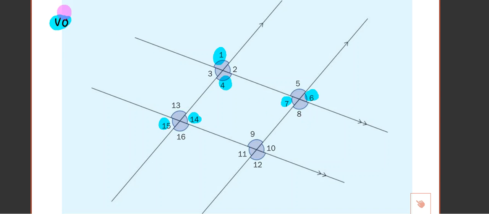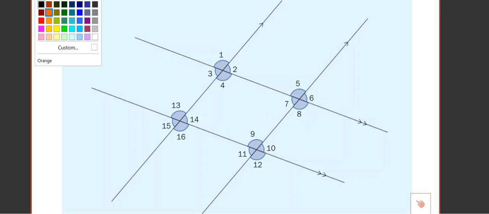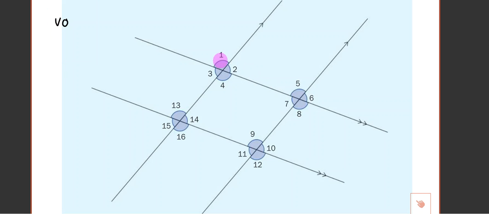Those are my vertically opposite, but if I now want my corresponding angles, what would be corresponding to 1? Corresponding means, for me, I like what was said, it's the same but in a different place.